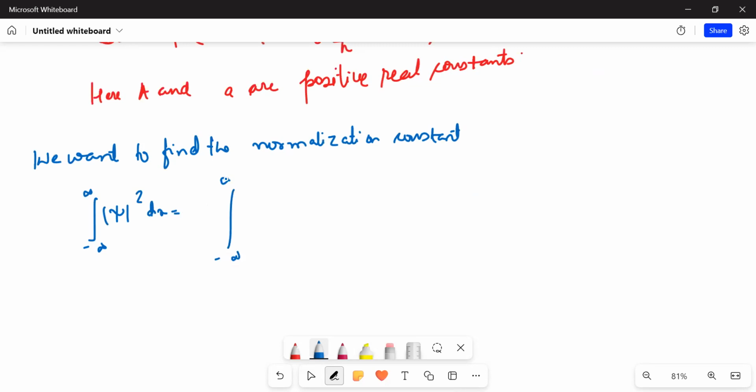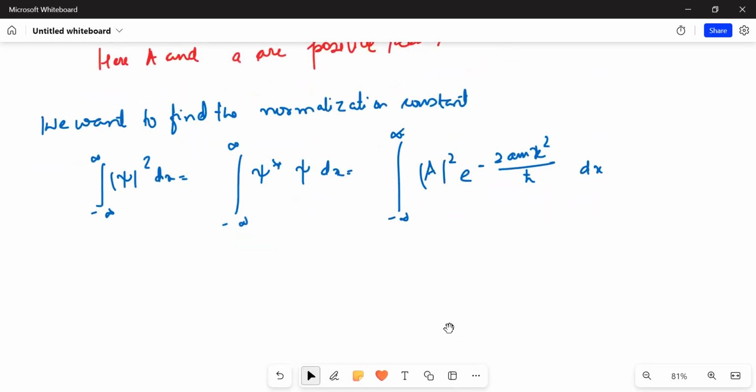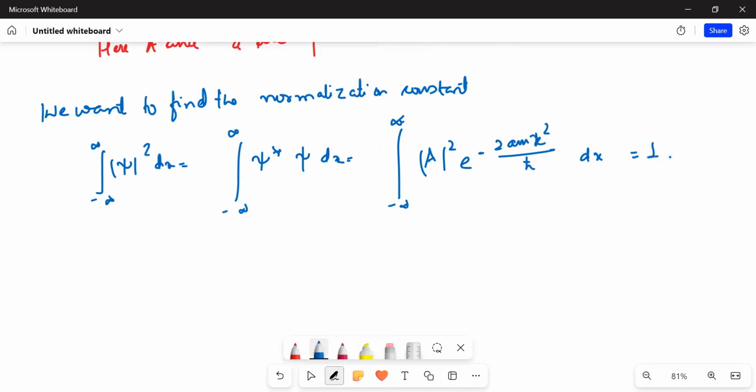This equals the integral from minus infinity to plus infinity of psi star psi dx, which equals the integral of modulus A squared e to the power of minus 2am x squared upon h-bar dx. This entity should equal 1, because it is the probability of finding the particle anywhere in space. So you get modulus A whole squared times the integral of e to the power of minus 2am x squared upon h-bar dx.